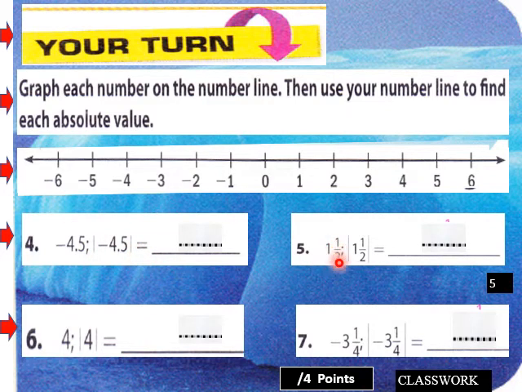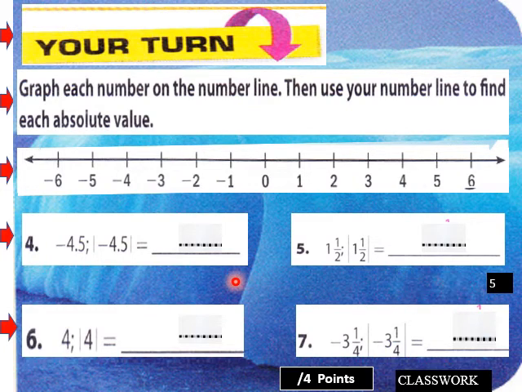Same thing for 1 and 1/2, same thing for 4, same thing for negative 3 and 1/4. So first, graph each of these on the number line, students. Teachers, give your students about 5 minutes to do this, and then we'll check back with the solutions.